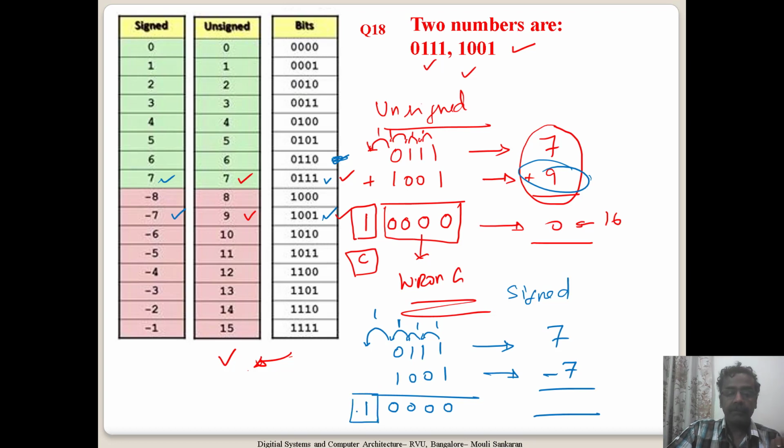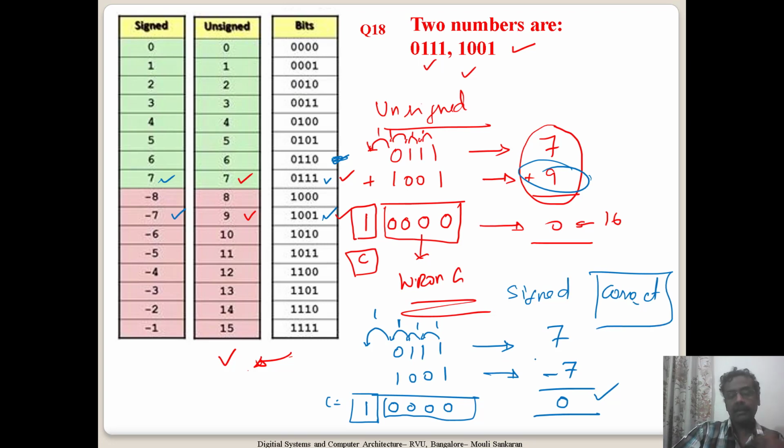Carry flag would have been set. Now the result you have got, 000, is actually correct because 7 minus 7 is 0. So this value is correct. Now how do you know this value is correct? Because the processor doesn't know whether it is performing signed or unsigned arithmetic, whatever value it gets, it cannot deduce whether it is correct or wrong.